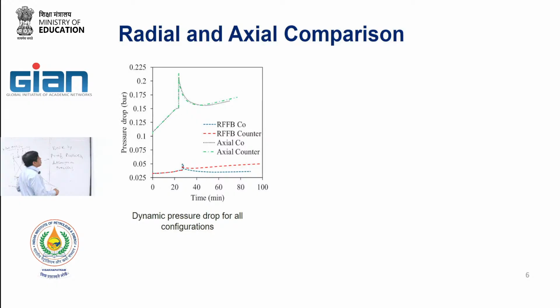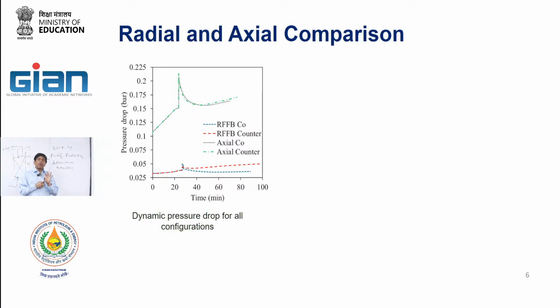Now, the interesting thing is, first, the pressure drop. If you look at the axial flow, irrespective of whether you consider co-current or counter-current configuration, with respect to time, this is how it shows up. But look at the radial flow bed.